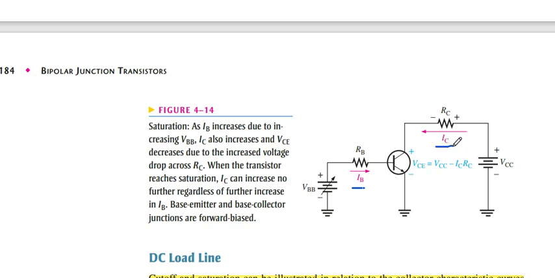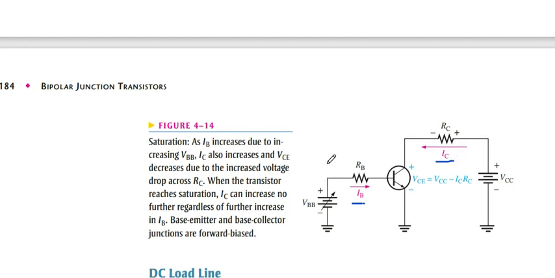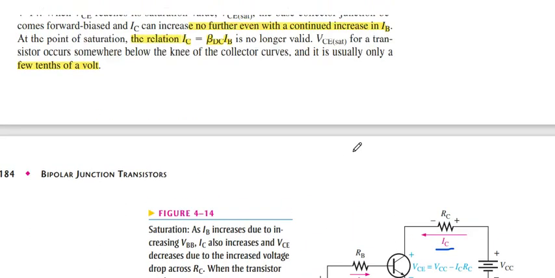IC is not increasing very fast as compared to the increase in IB. If we increase IB, IC does not increase anymore, or increases only very slightly. On the other hand, IB increases very high as compared to the smaller value, and IC is constant.